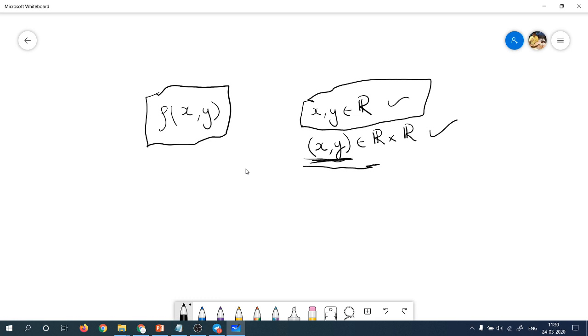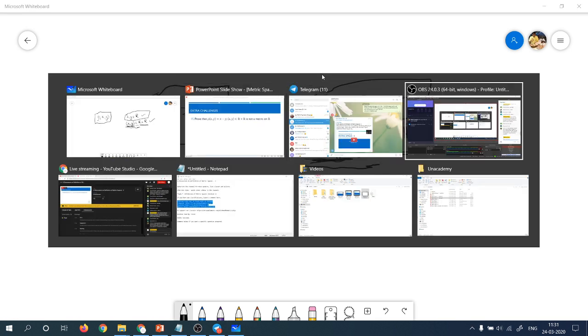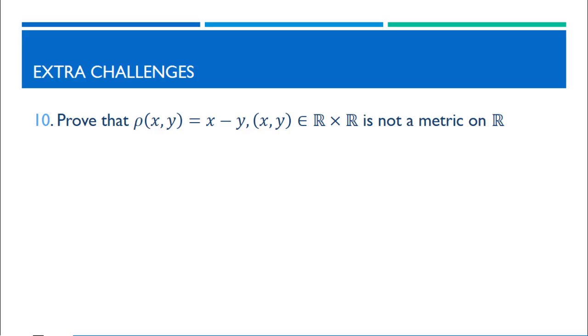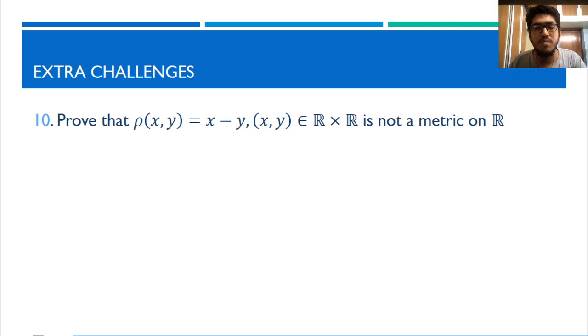Notice that I put it in a tuple belongs to R cross R. That is what I mentioned, Bijal, that I have made a small difference in notation here. Instead of putting x comma y belongs to R, I put x comma y tuple belongs to R cross R. That's what I mentioned.